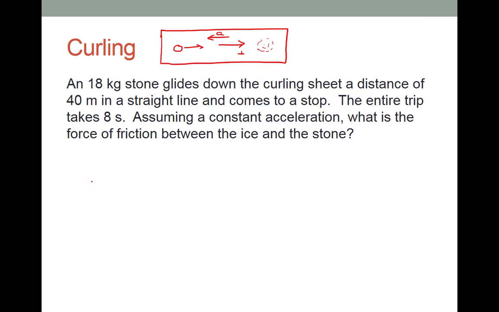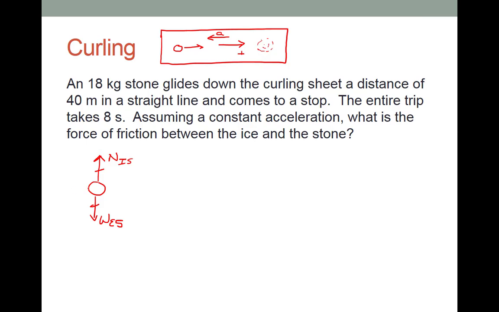If we draw the stone's free body diagram, we have the normal force from the sheet of ice on the stone. Instead of using sheet as the subscript, I'm going to use ice and stone. We have gravity pulling downward, but it's not accelerating in this direction. This stone isn't going to magically fly off a sheet of ice. It's going to stay right where it is vertically, so these two are equal because it's not accelerating.